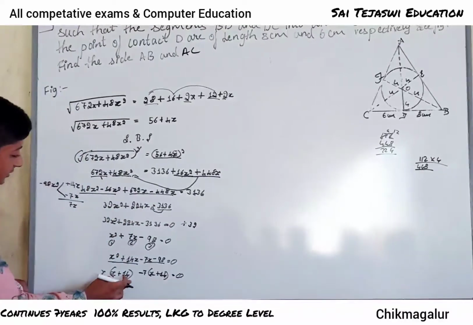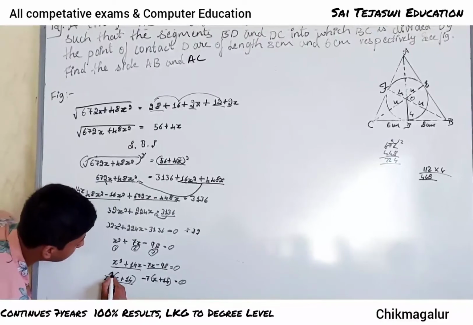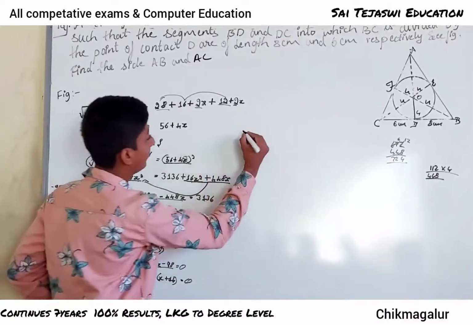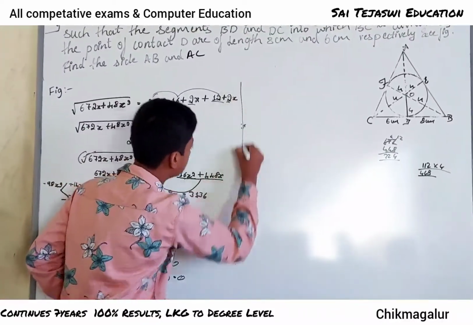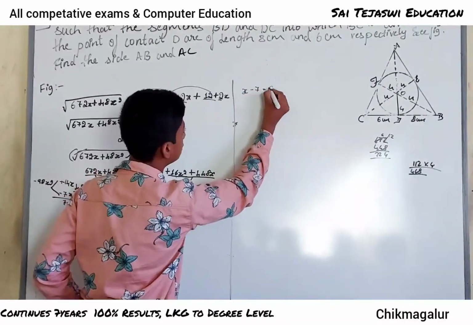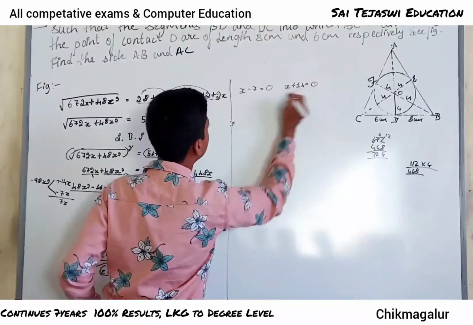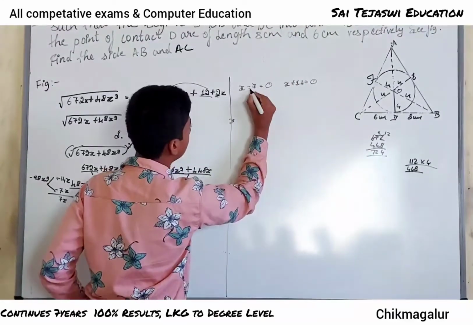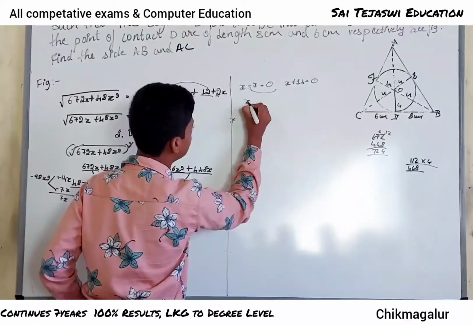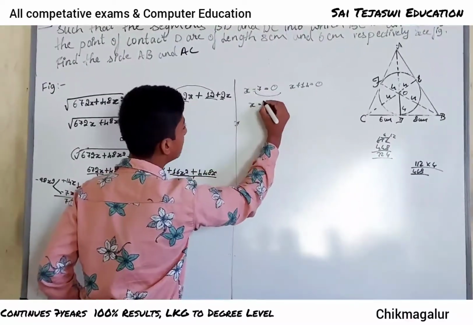Now to find the value, we take x minus 7 equals 0, and x plus 14 equals 0. When minus 7 comes to this side, it becomes plus 7, because when it crosses the equals symbol, it becomes positive.